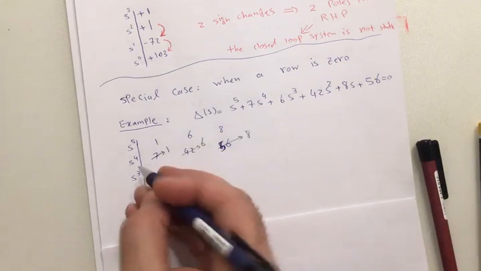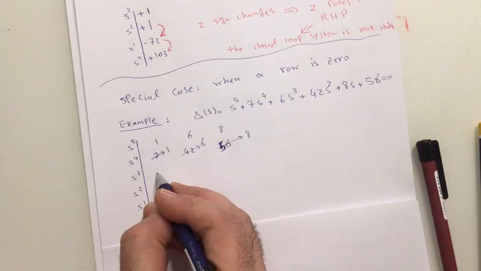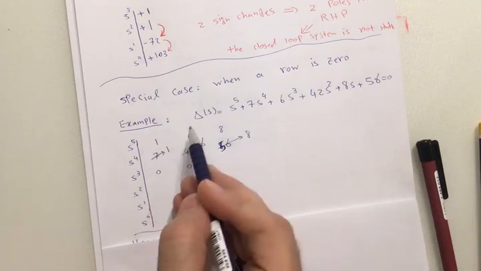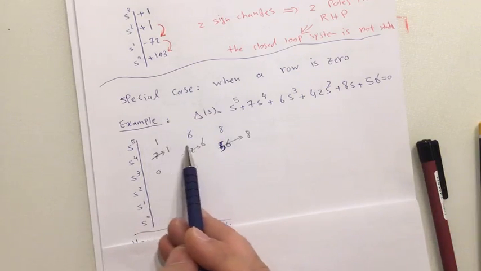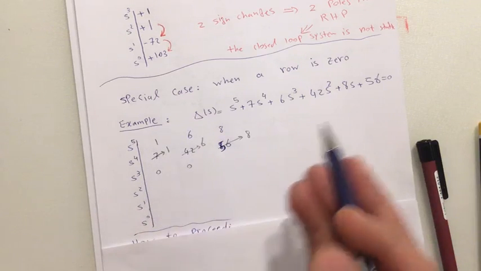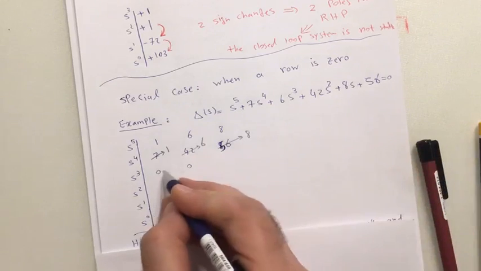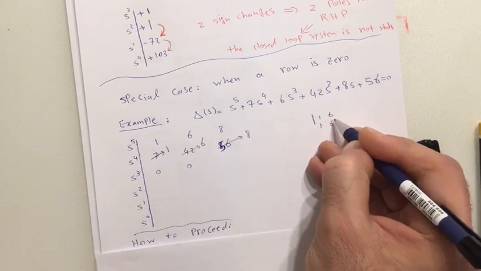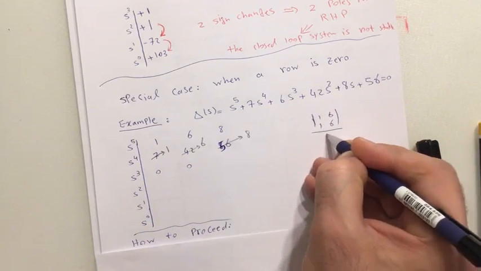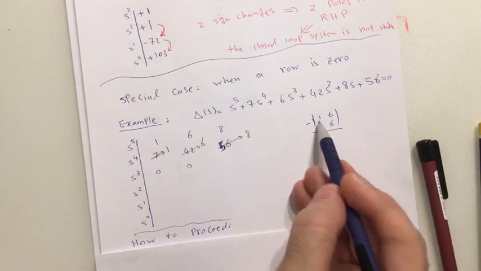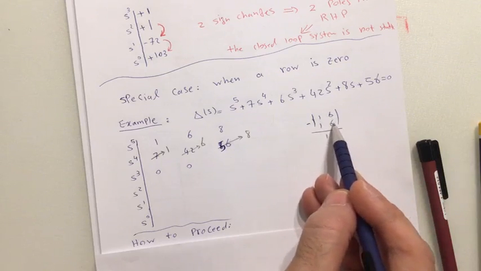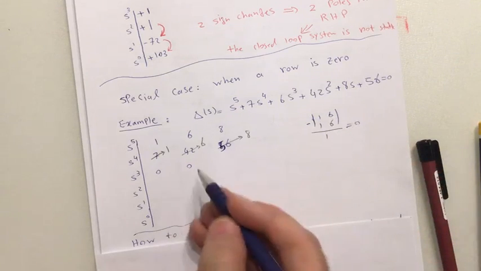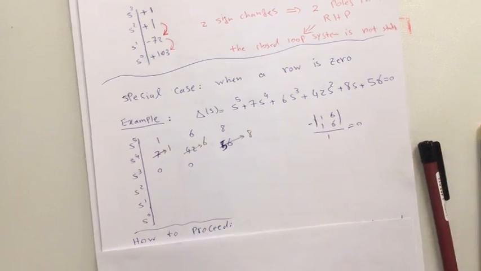So if you find the elements here, it would be 0, 0. It's not difficult to prove that, because when you form the determinant, the two columns of the determinant are the same. For example, the first element here would be 1, 6, and 1, 6 again, divided by 1, with a minus sign. Because you have two same columns here, the determinant would be 0, so you will get 0. So it is 0, 0.